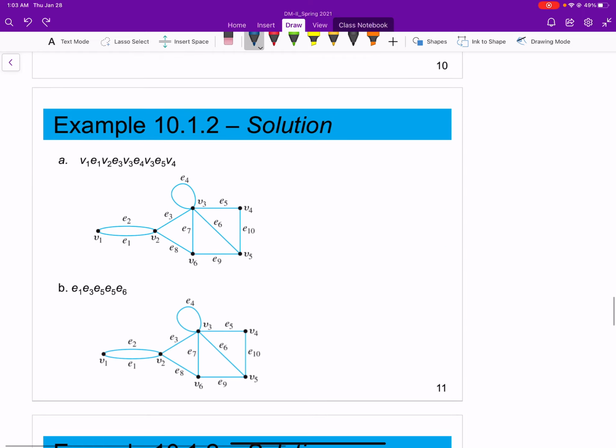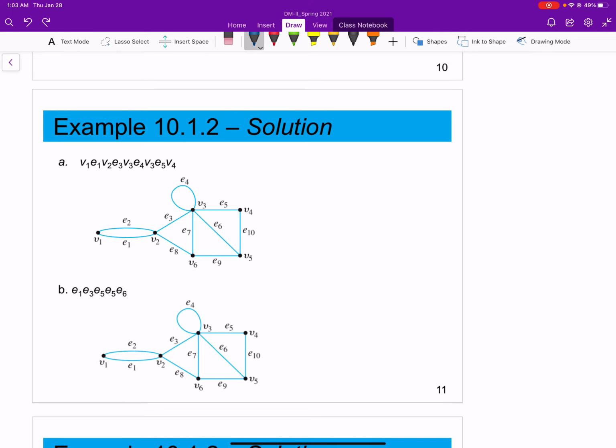All right, so the first case: V1 right here and E1 like that, V2, E3, and then V3, E4, V3, E5, V4. All right, so this is what is given to you.